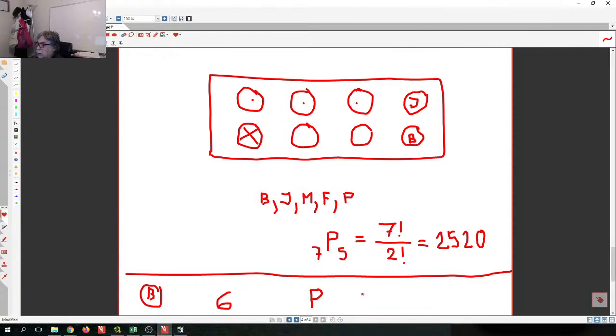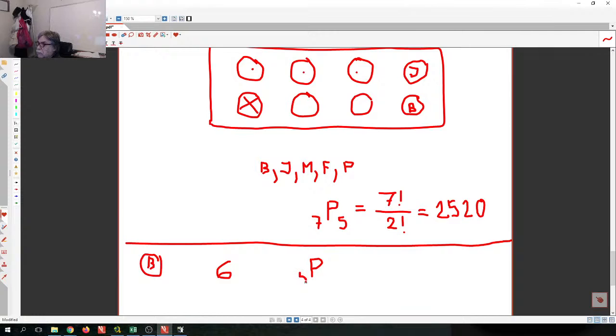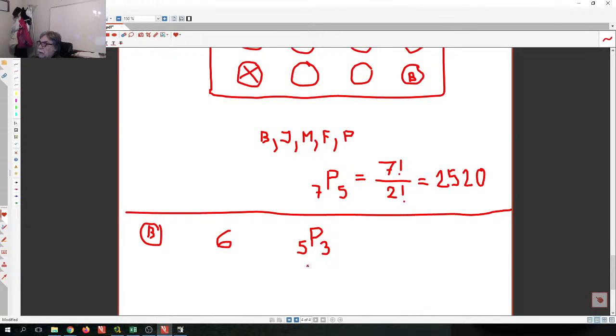It's going to be permutations in which I have 5 available seats, once I have seats for John and Bill, and in those 5 available seats, I put 3 people. So my first choice is where to put John and Bill in the same row, my 6 ways. And my second choice is where to put the 3 other people in these remaining 5 seats, and that will be 5 choose 3 permutations.